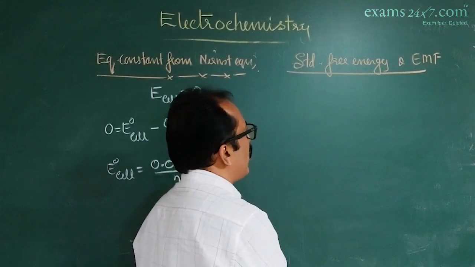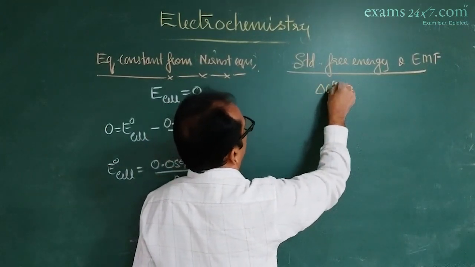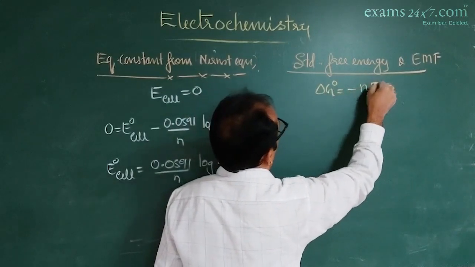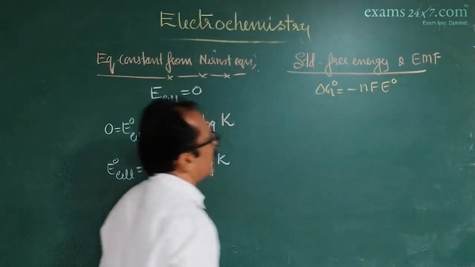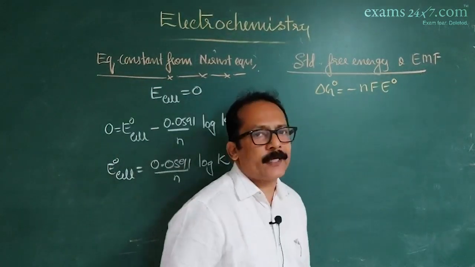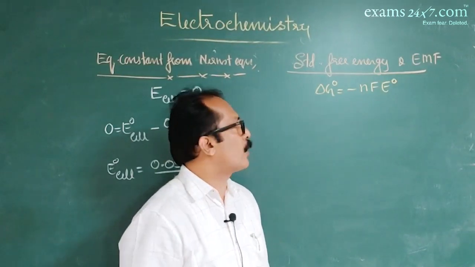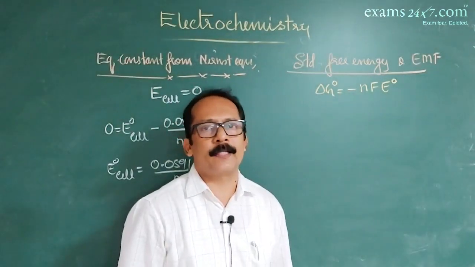So delta G naught equals minus nF E naught at standard condition. What is n? n is the number of electrons flowing. F is Faraday's constant. E naught is the EMF of the cell.